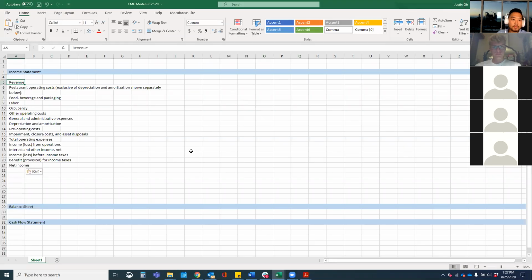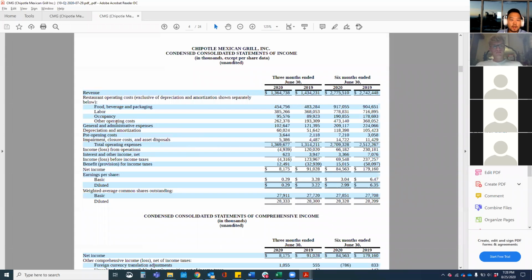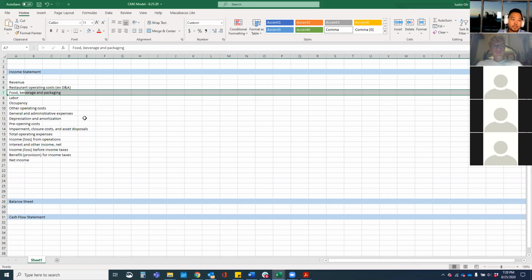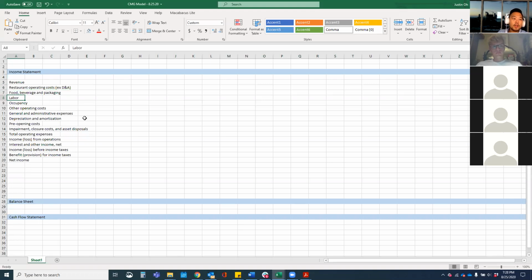And obviously it doesn't copy perfectly, so you're going to have to fix it. This says restaurant operating costs excluding depreciation and amortization, and that means they split it out below separately, which is really nice for us because we always have to do that manually, but here it's really simple.